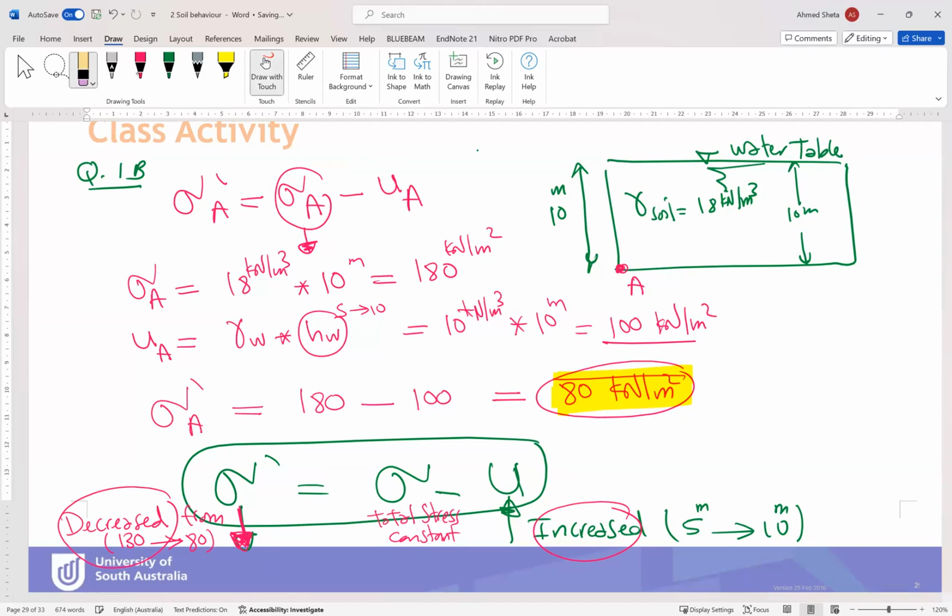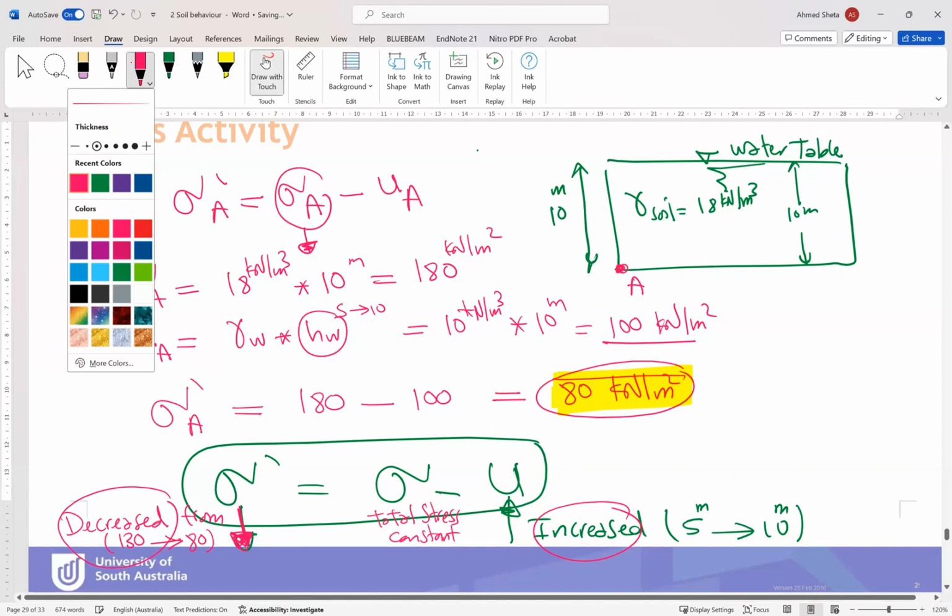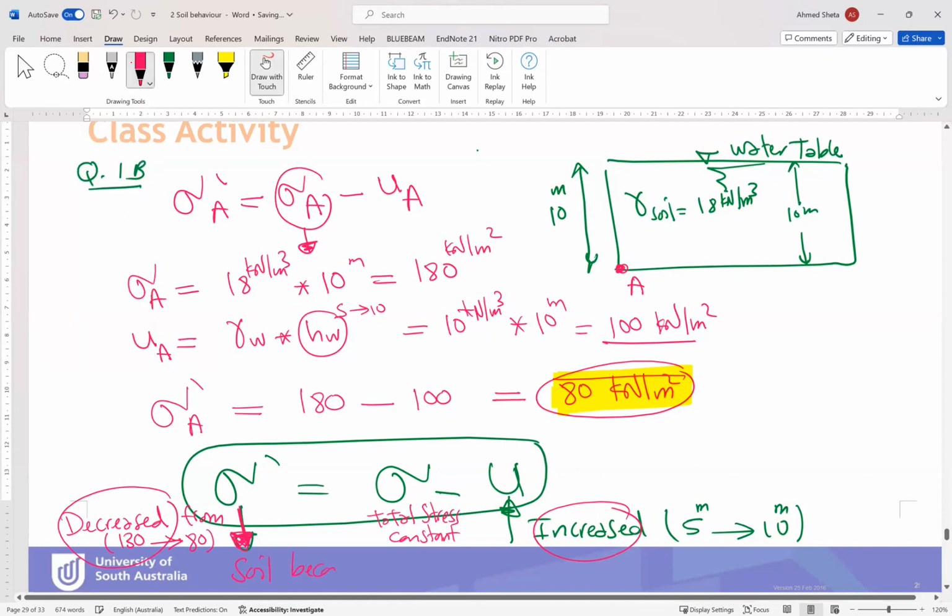When the effective stress decreases, this means that the soil becomes weaker. So when the water pressure increases, the soil becomes weaker. Okay. So this is the first class activity.